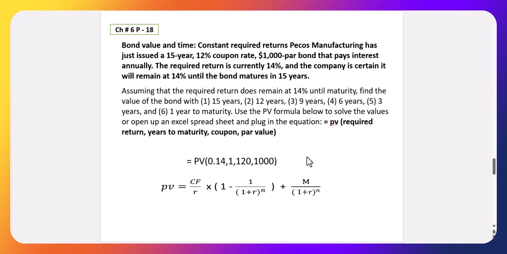Plugging your equation into Excel is much quicker. In this case, I'm going to do 1 year to maturity.